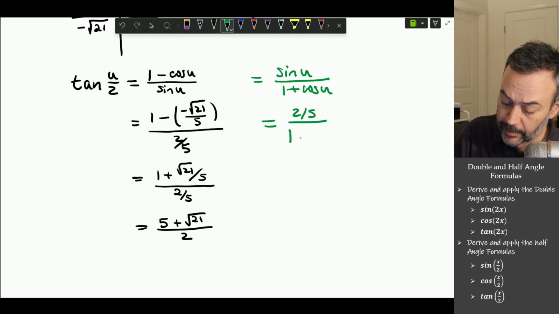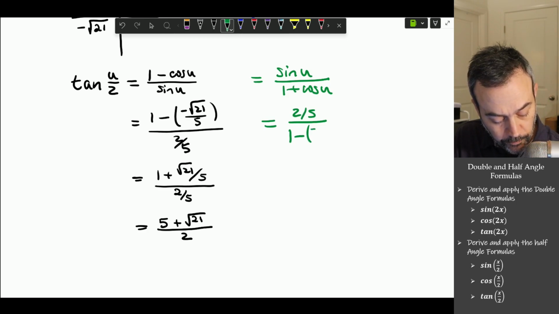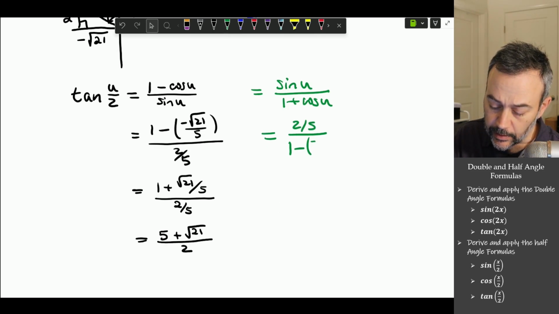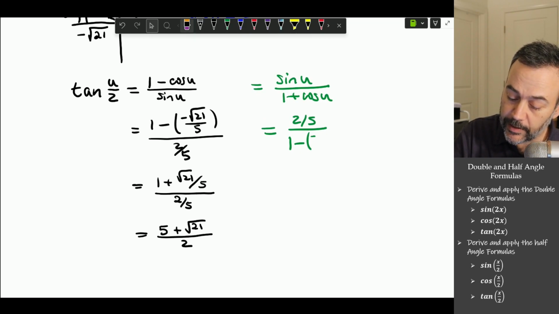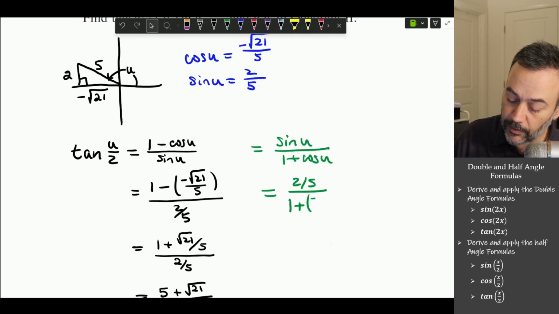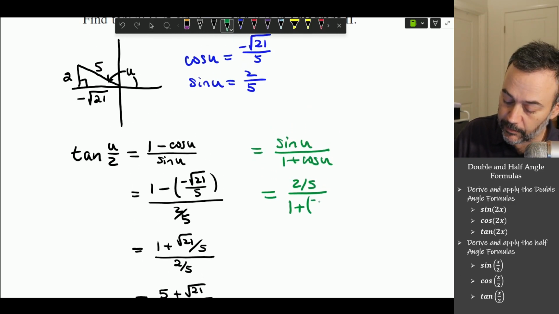Down in the denominator, I'd get 1 plus, because this is minus a negative, cosine of u, which is negative root 21/5.